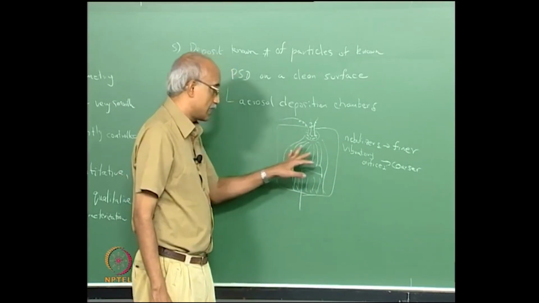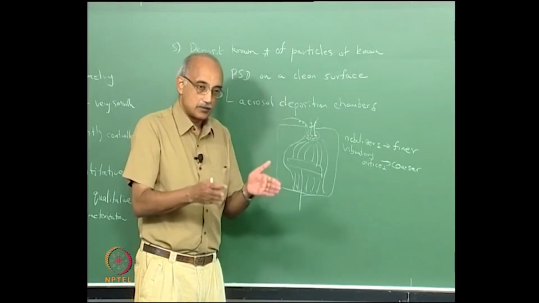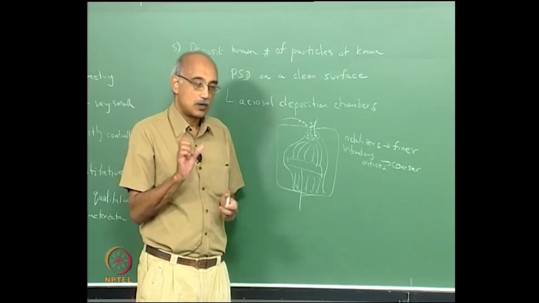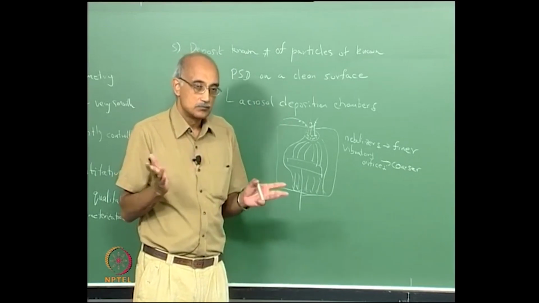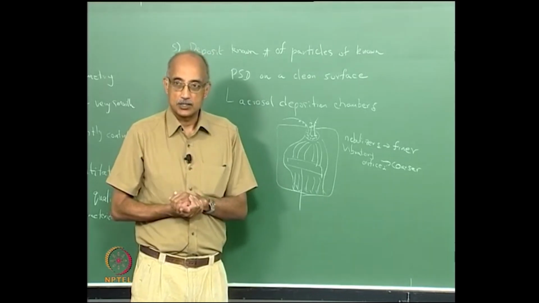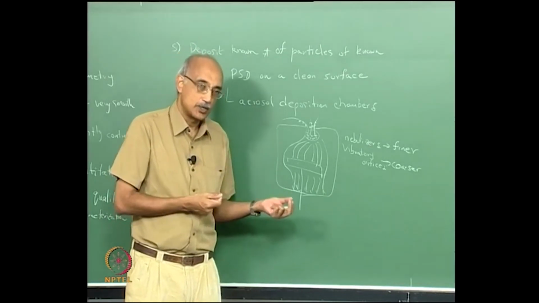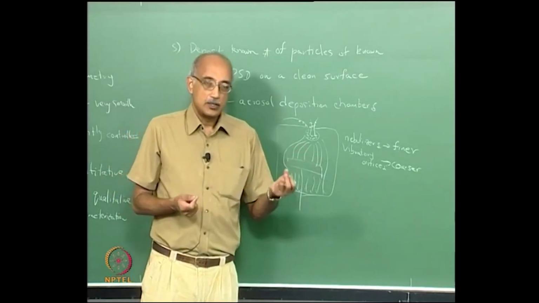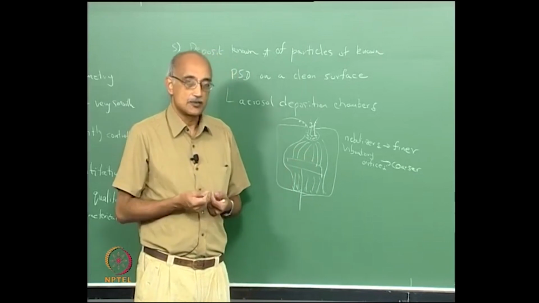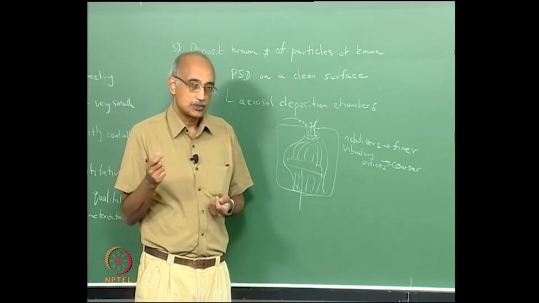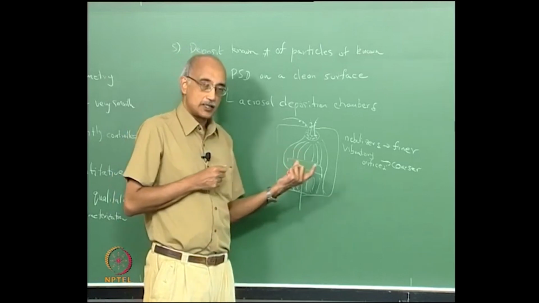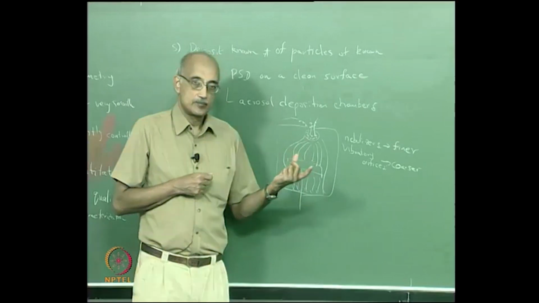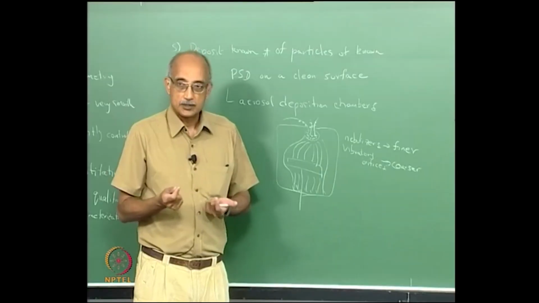So, this strategy of using essentially a unidirectional laminar flow works well for particles that are roughly in the 0.1 to 10 micron size range. But for particles that are smaller than 0.1 microns or larger than 1 micron, simply relying on flow streamlines is not sufficient. So, you have to control not only the flow streamlines in those cases, but anything in the design of the chamber that can affect diffusional paths.